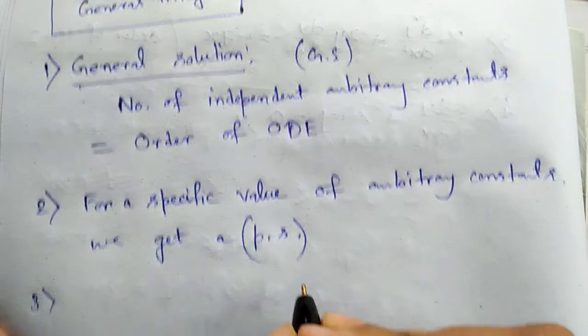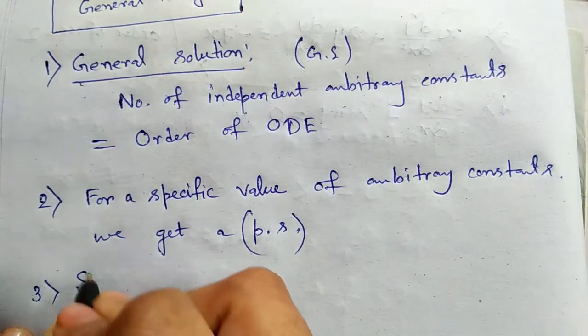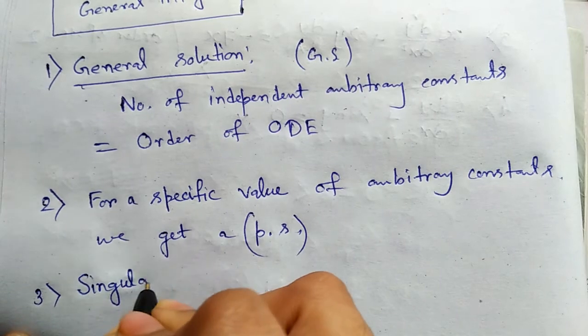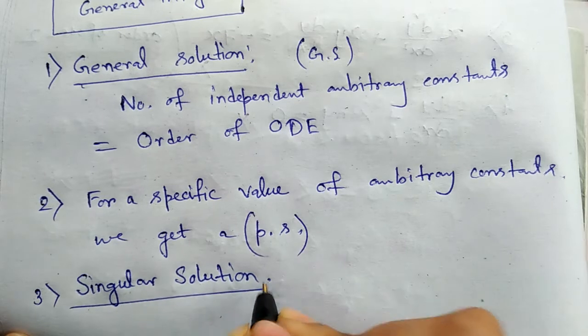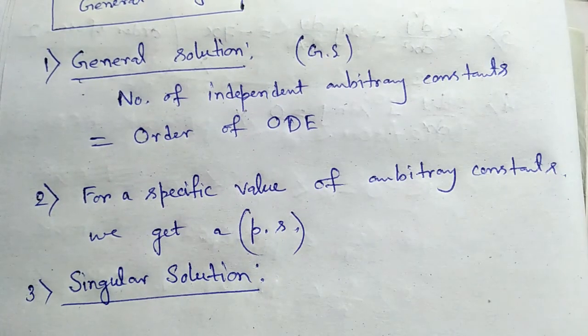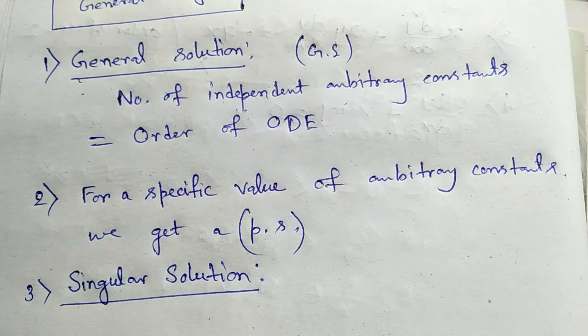Okay, next going to the singular solution. There are some solutions which may exist but are not deducible from the general solution by giving particular values to the arbitrary constants.